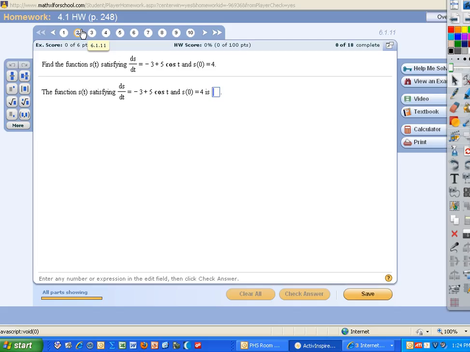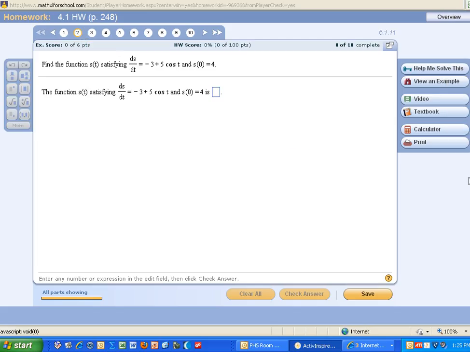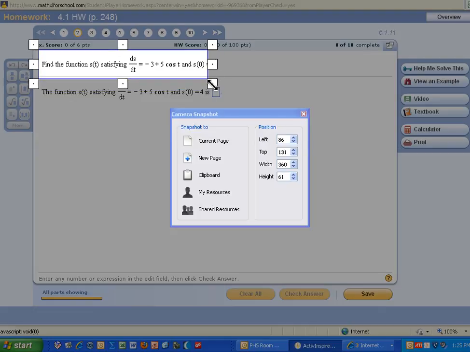Okay, so now here's one like that. This time we're going to find the function satisfying this derivative, right? So we're going to play calculus Jeopardy again. We're going to solve the differential equation, but we're given some initial information this time, or initial condition, or particular condition, whatever you want to call it.